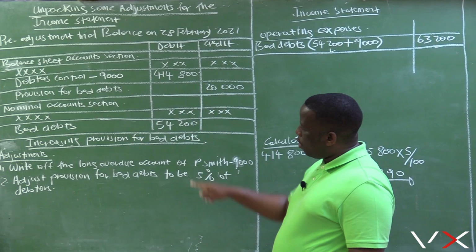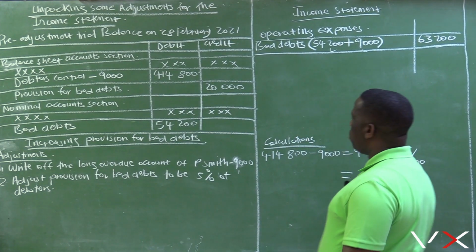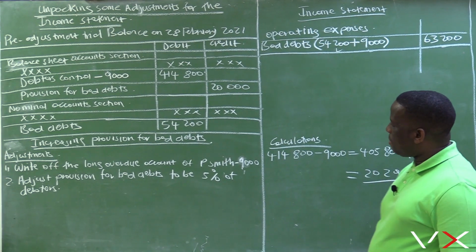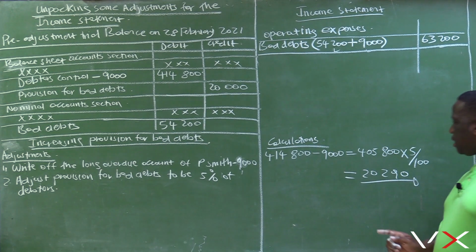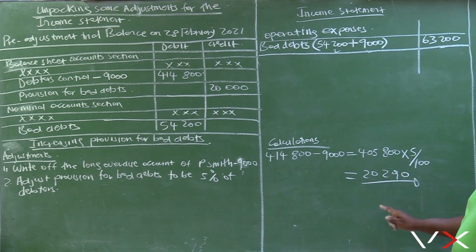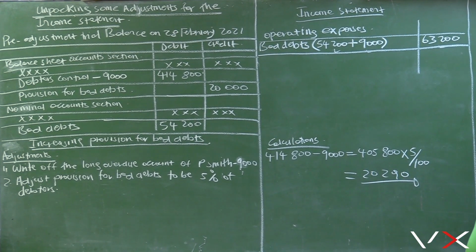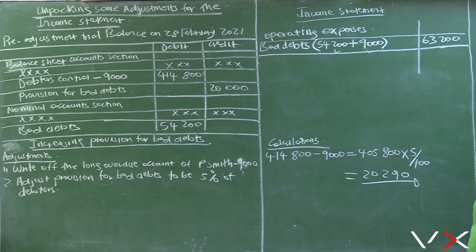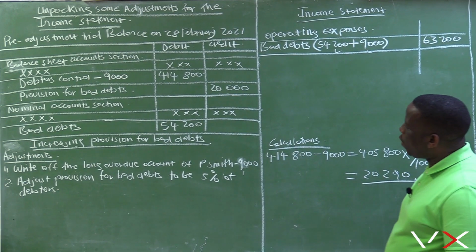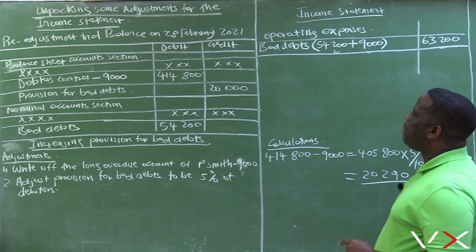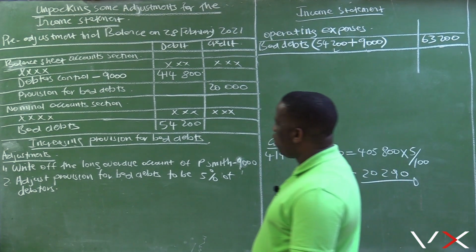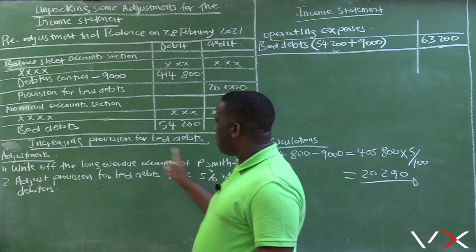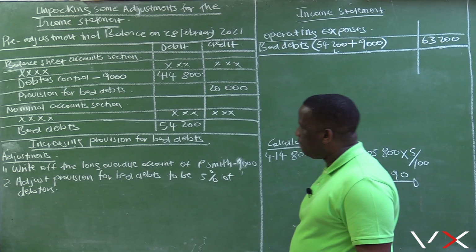And according to adjustment number 2, provision for bad debts must be 5% of debtors, and 5% of debtors now is 20,290. So this tells us that this 20,000 must now be increased to 20,290. That is why we are saying we are dealing with increasing provision for bad debts.